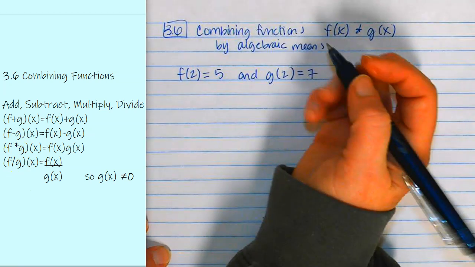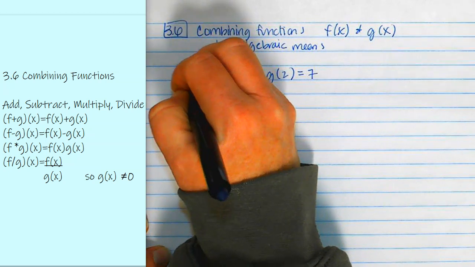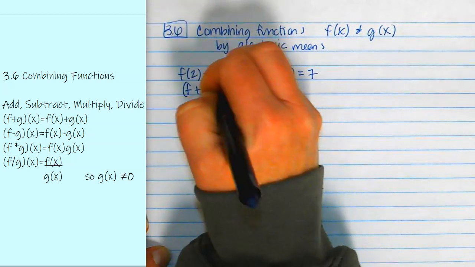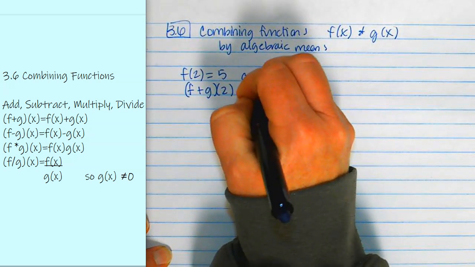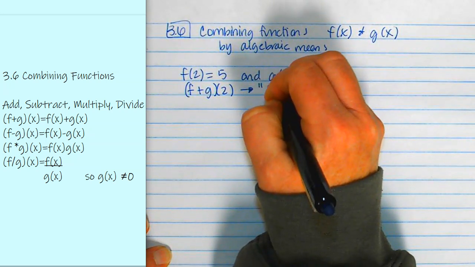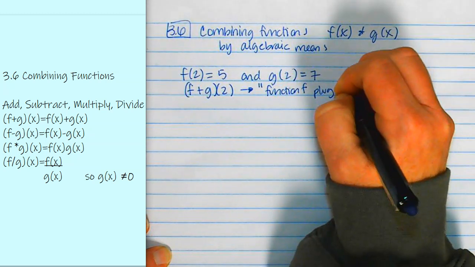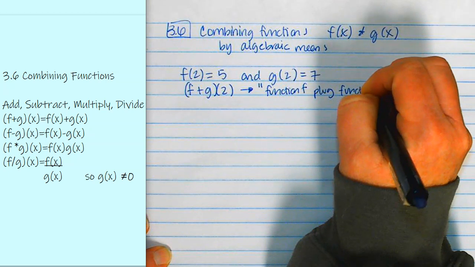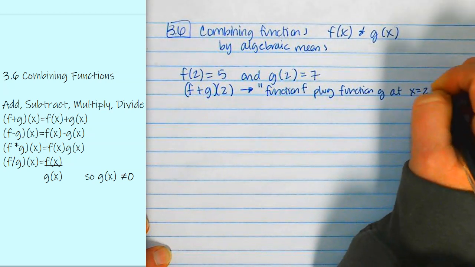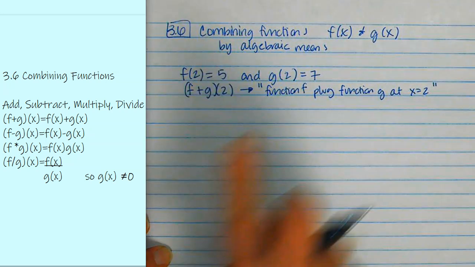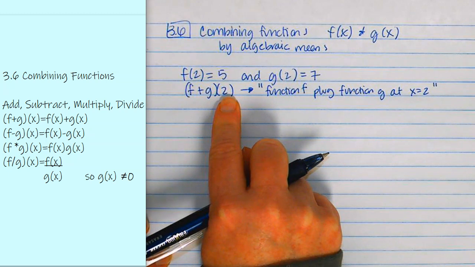So writing them out, it is just as intuitive as you would think. If we write the notation f plus g of 2, and we say this in words, function f plus function g at x equals 2. And we say that in shorthand. We don't actually say f, but we say f plus g of 2.